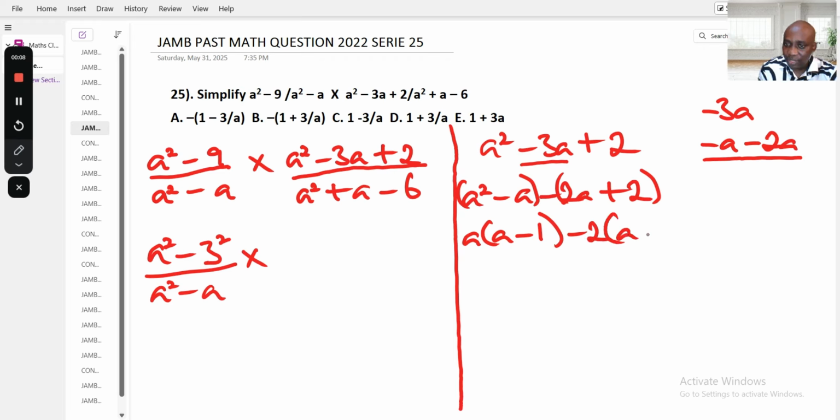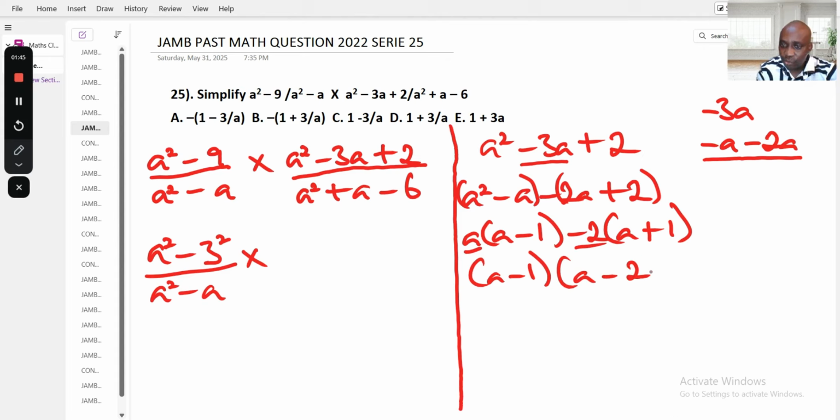What is left? A plus 1... a minus 1. You take 1 out of this, and then what you use as a factor, this a and this minus 2, you write a minus 2. This is our final answer.